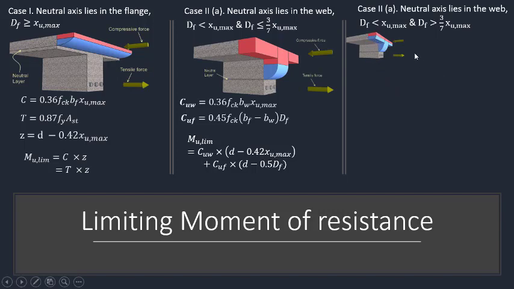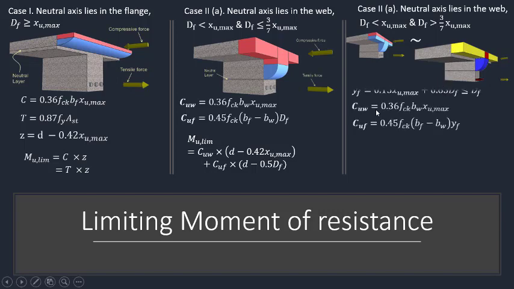To simplify this, a constant stress of magnitude 0.45 times fck is assumed to act at reduced depth YF in the overhang flange portion as shown here. This reduced depth YF is given as 0.15 times XU max plus 0.65 times depth of flange.